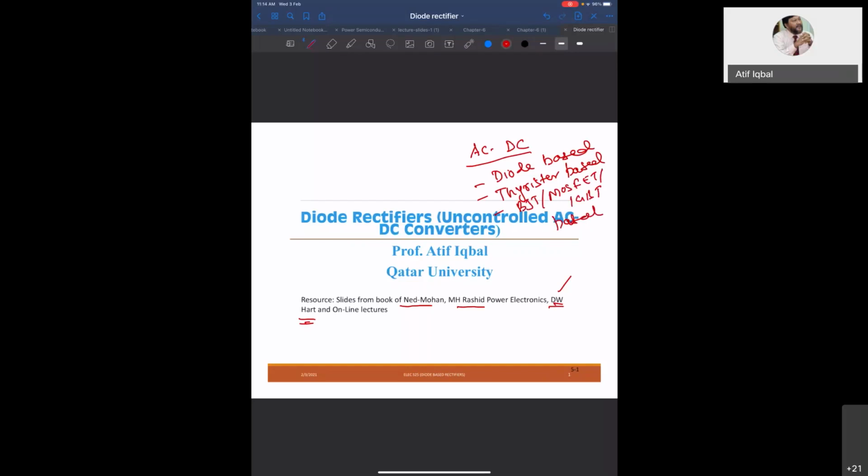Here we will discuss the diode based, and next we'll discuss the thyristor based. For the last one I can give you some introduction, but we will not cover it; maybe you will cover it in the next course if you take advanced power electronics. Otherwise, these two will be enough for you to follow these AC/DC converters.